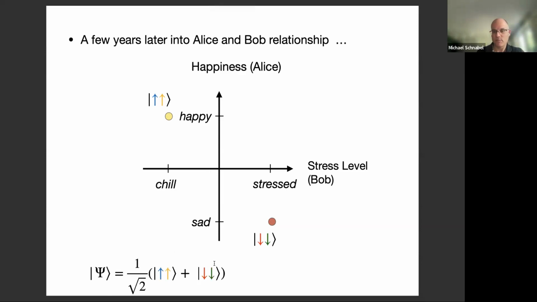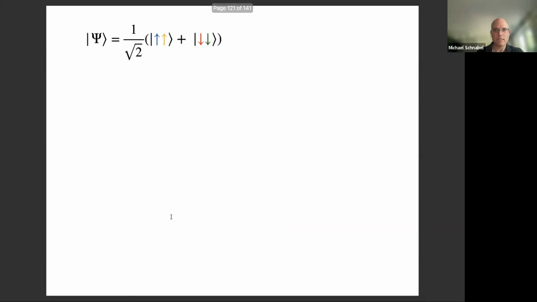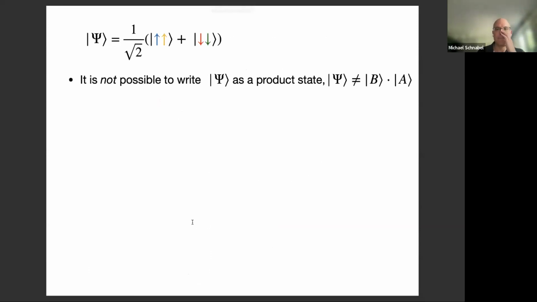Well, first, this would be the representation as a wave function. And now we have to show that this cannot be written as a product state. Actually, I will not show it, but you can show that it's not possible.